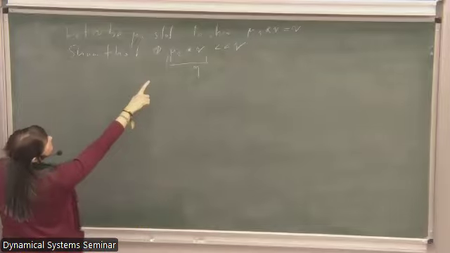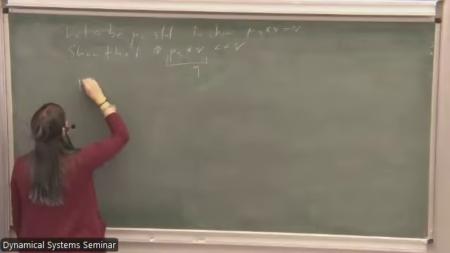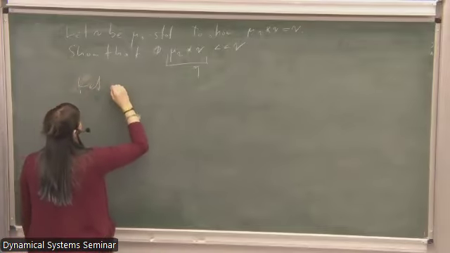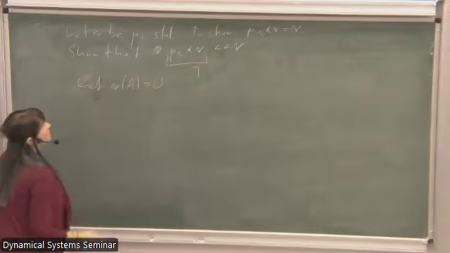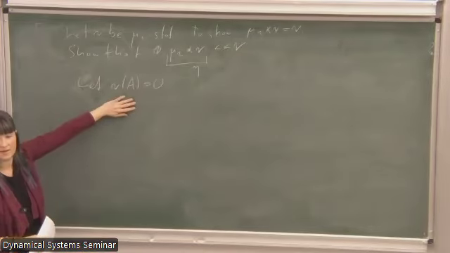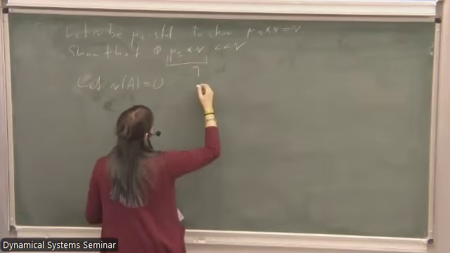So first we show that it's absolutely continuous. We say let nu of some measurable set A be 0. What do we need to show to say that it's absolutely continuous? Exactly, we want to say that it's 0 also here. So let's just look at it.